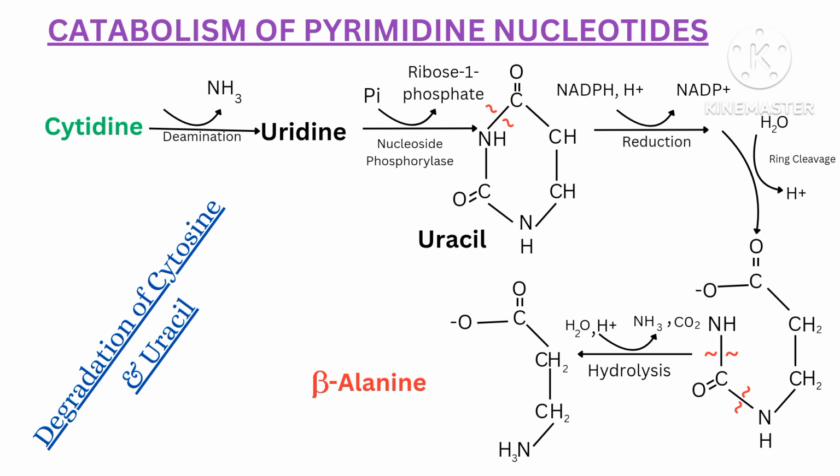Catabolism of the pyrimidine nucleotides leads ultimately to beta-alanine or beta-aminoisobutyrate production, as well as NH3 and CO2.